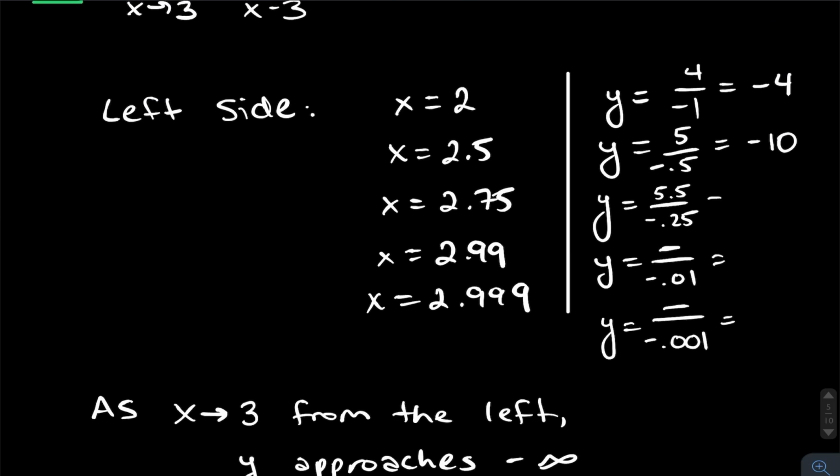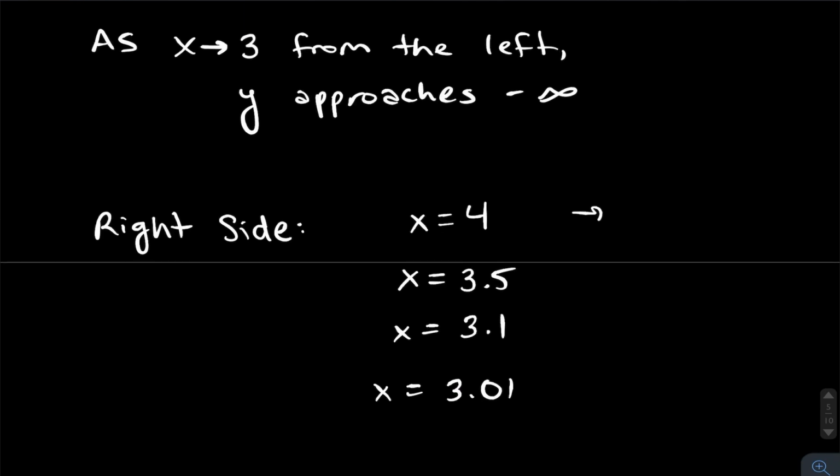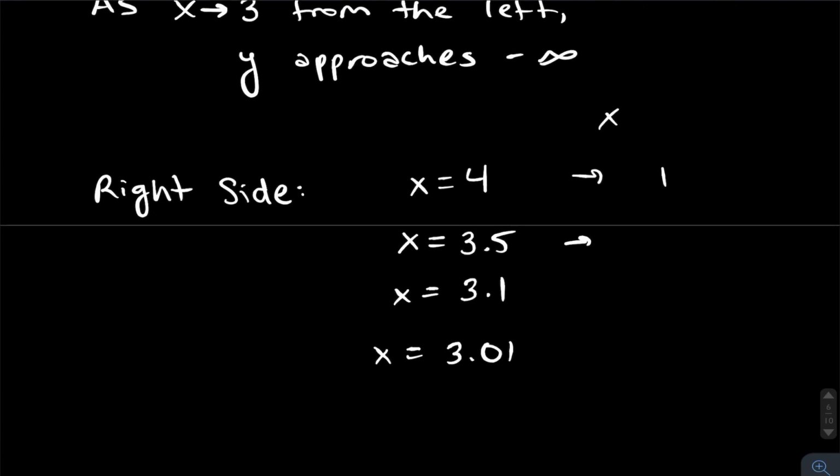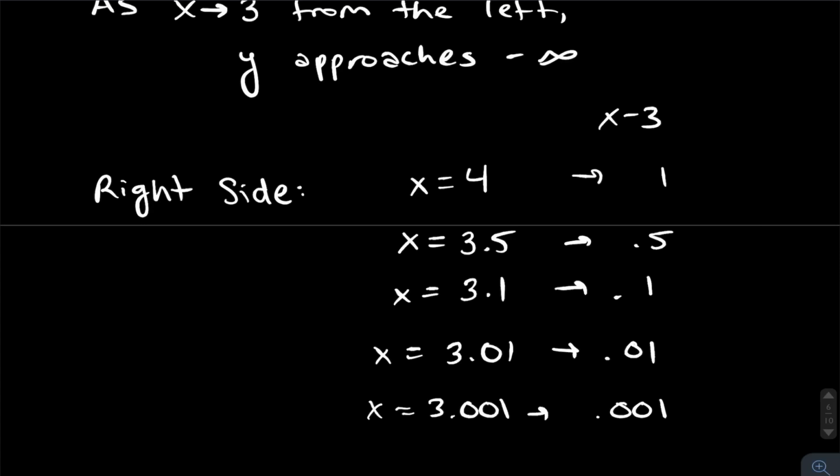Remember, we have an x minus 3 as our denominator. We get a denominator of 1 here, 0.5 here, 0.1, 0.01, and if we keep going, 0.001.